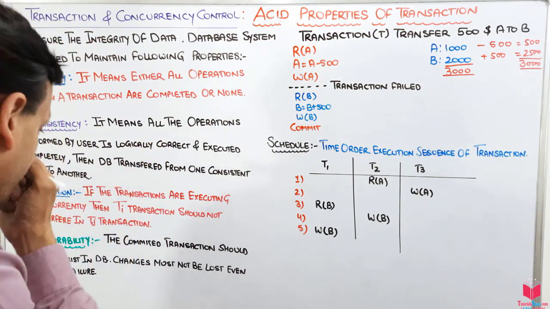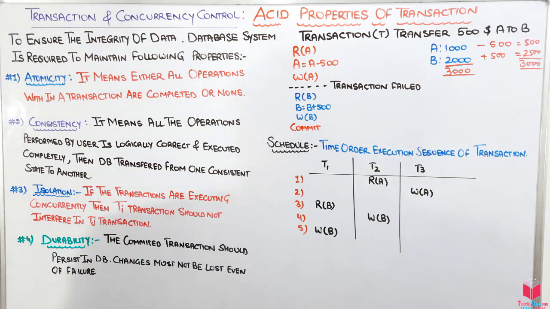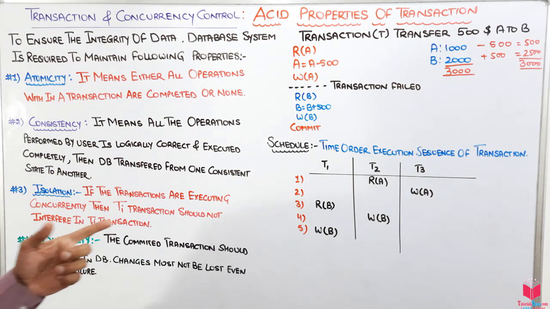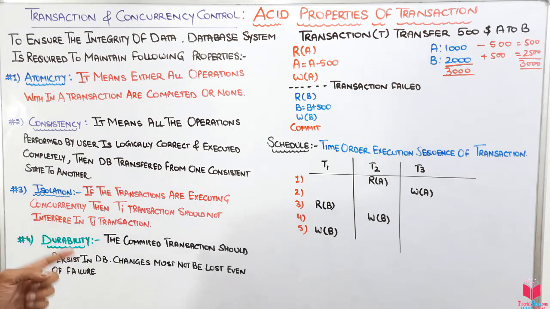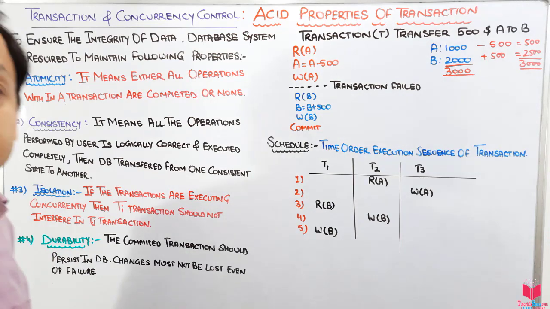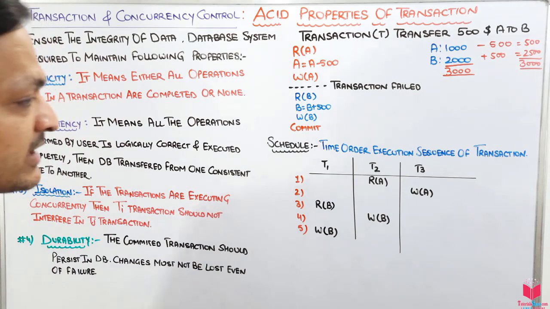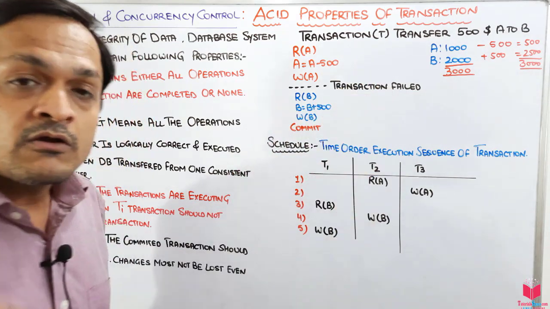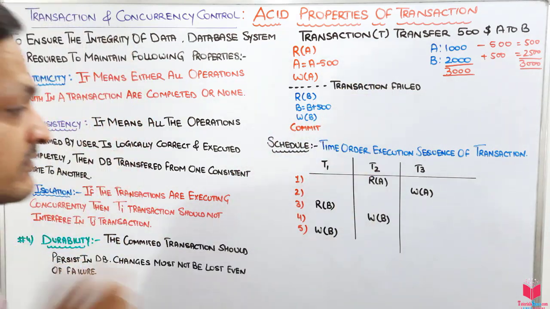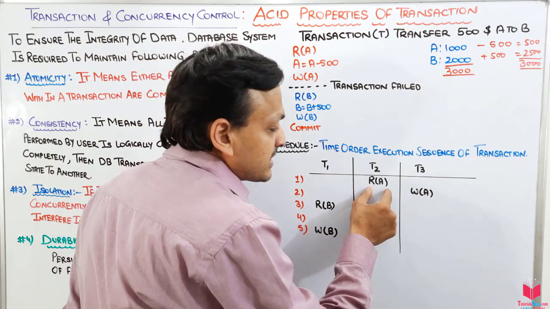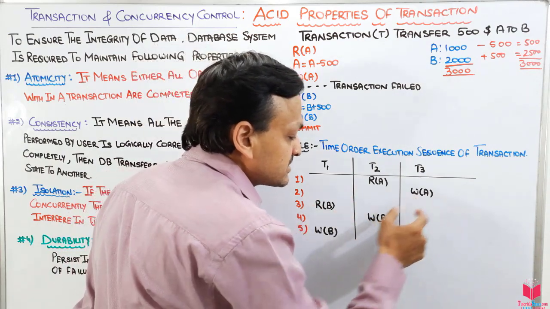Okay guys, after that we see isolation. If transactions are executing concurrently, then transaction Ti should not interfere with transaction Tj. Isolation means one should not interfere with another. Concurrently means parallelly. The CPU is allotted to this transaction, then this one, then this one, then this one.